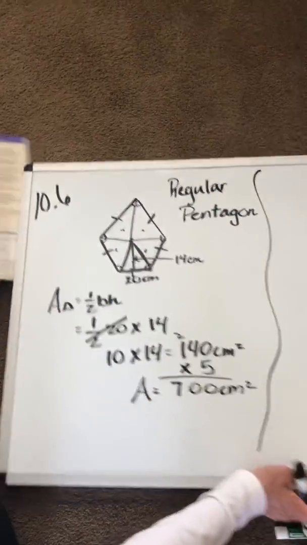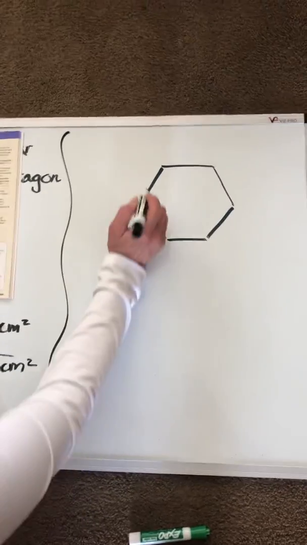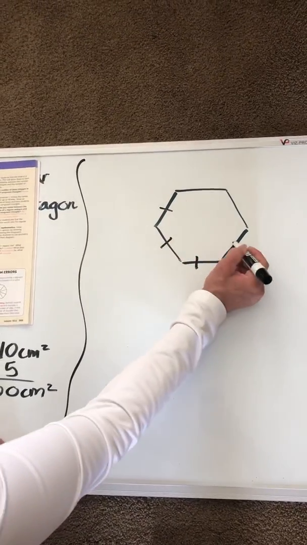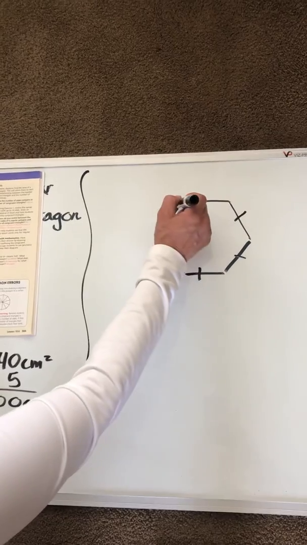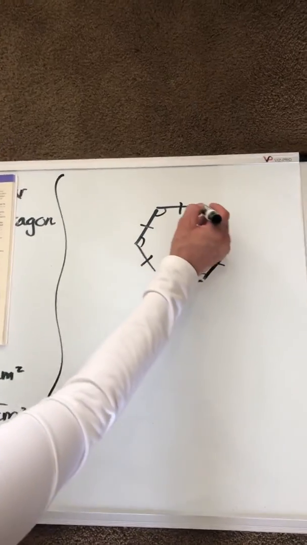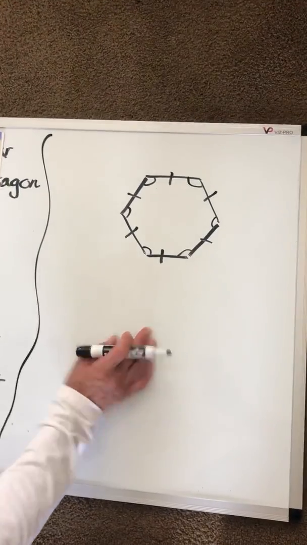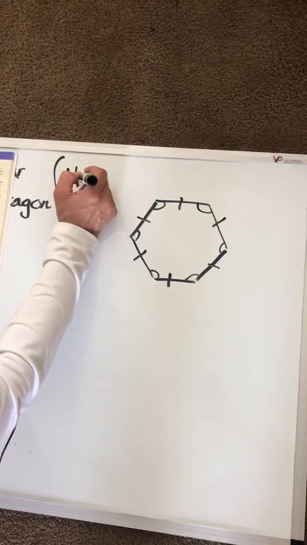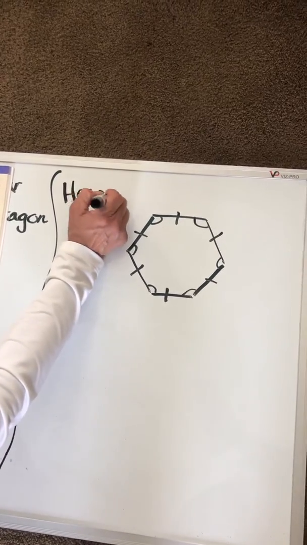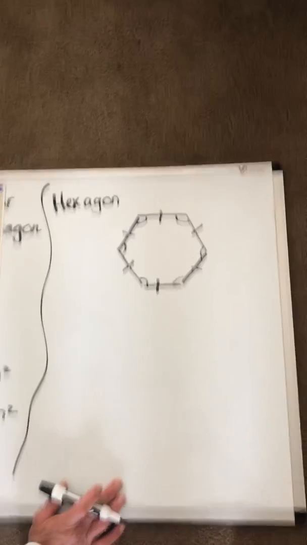Now the second example that we're going to do is this figure here. It is 1, 2, 3, 4, 5, 6-sided with 6 equivalent angles here. This 6-sided regular polygon is called a hexagon. And we're going to do the same thing that we did with our pentagon.